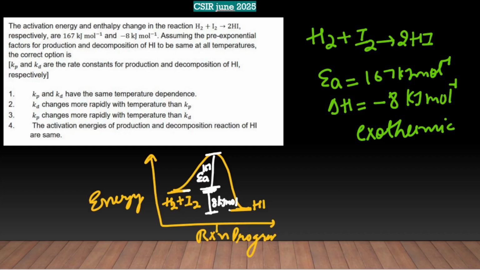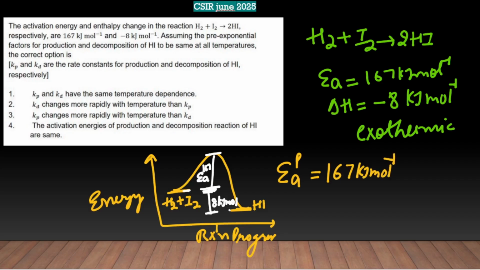Now the next statement they are saying is, assuming that the pre-exponential factors of the production and the decomposition of HI are the same, the correct option is, okay. The forward reaction is the production of HI, so this activation energy of production was equal to 167 kilojoules per mole.